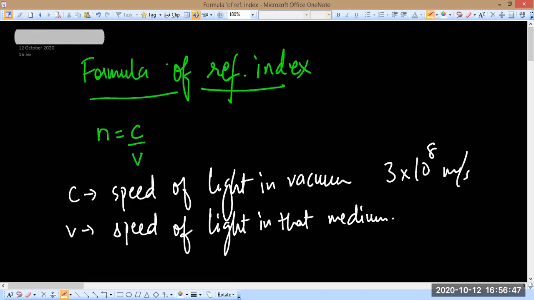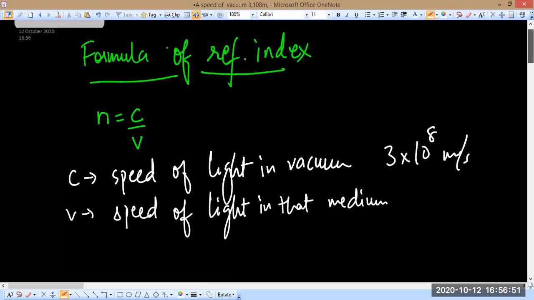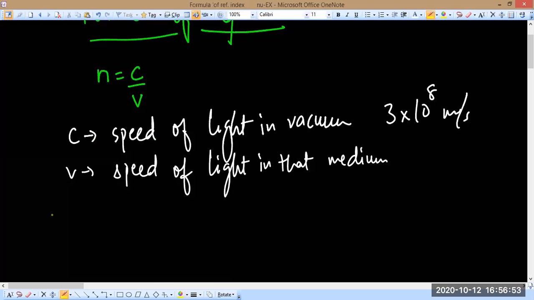Okay, whatever that is, right? Okay, for vacuum n is equal to 1.